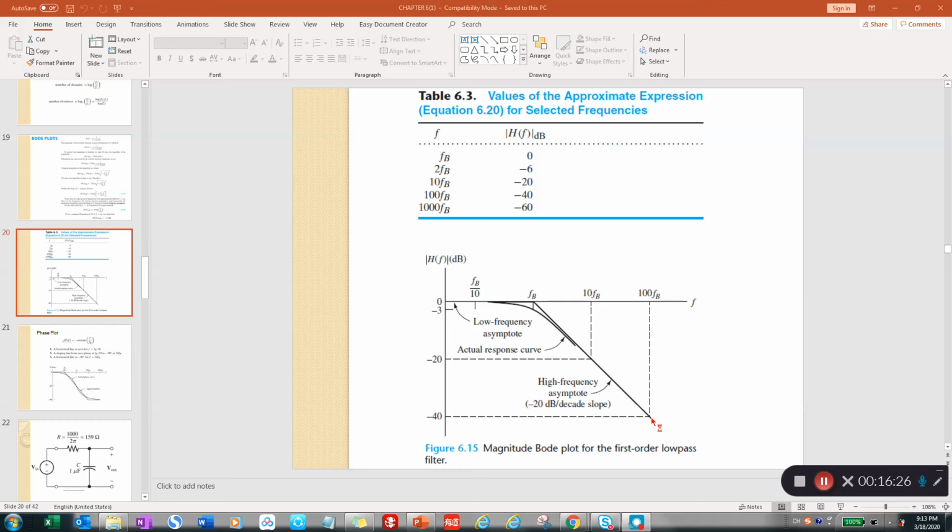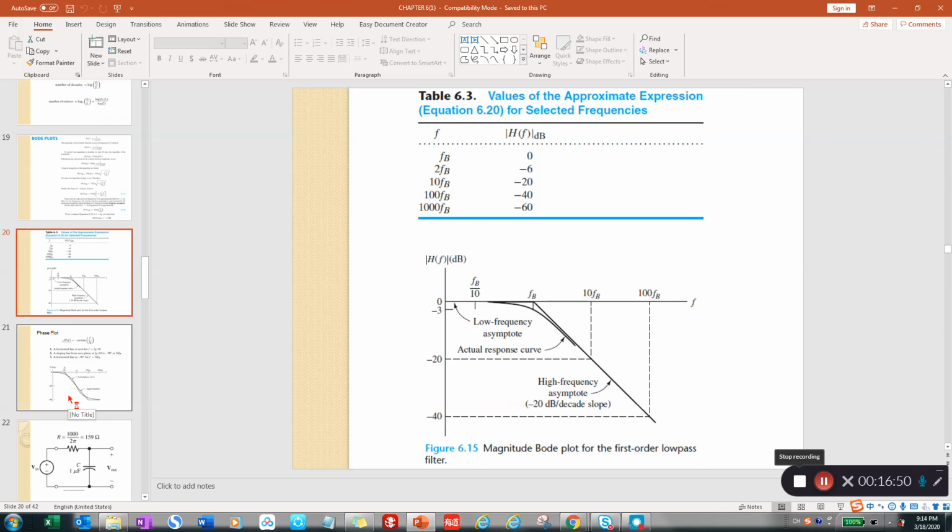The amplitude of the signal will be reduced. For each decade, it is going to be reduced by 20 dB. That's why we call this a low-pass filter. It lets the lower frequency pass through, but filters out the higher frequency.